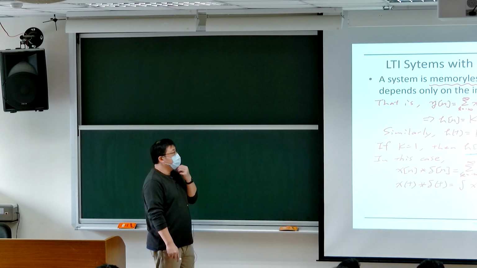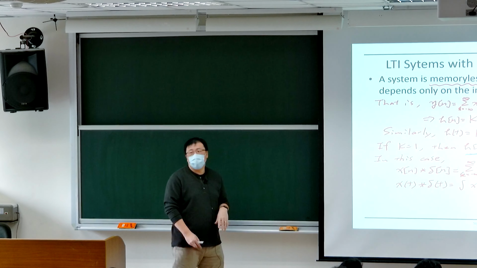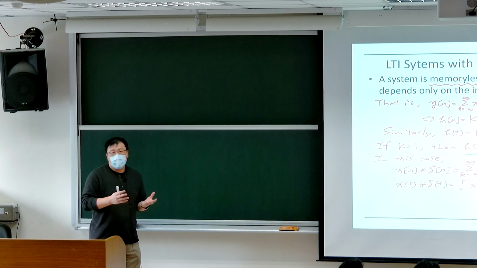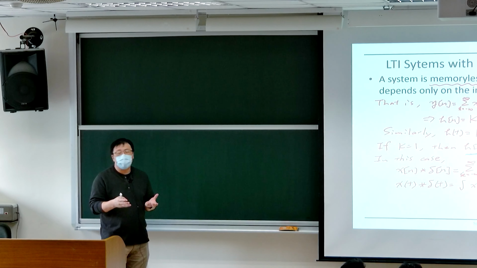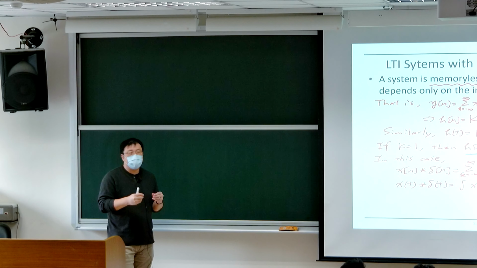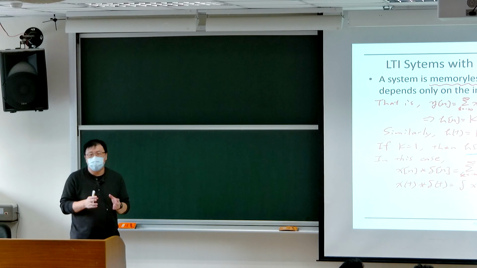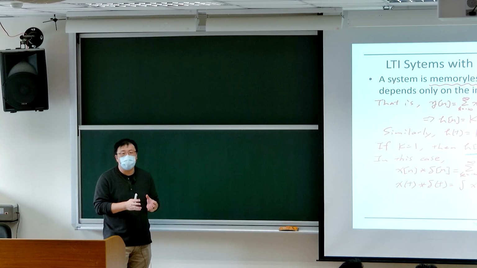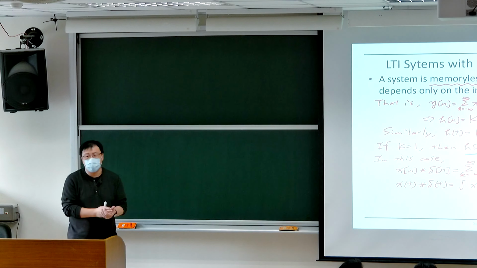All right. Okay. So last week we mentioned that for linear time-invariant systems, you will be able to completely characterize them using the channel impulse response, using the unit impulse response.